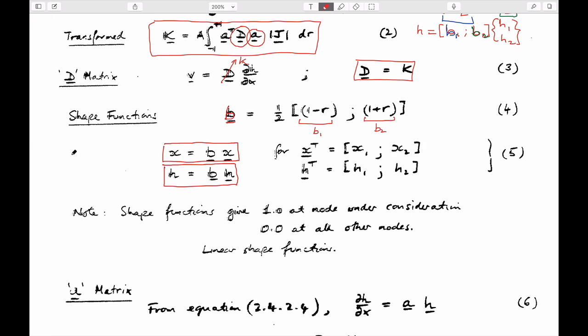We know that H is equal to, so this, by definition, if we write the values of this, is just the derivatives of those shape functions.